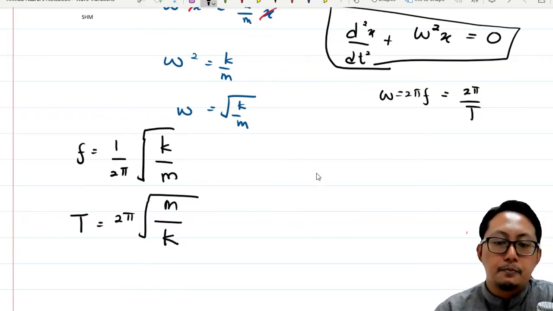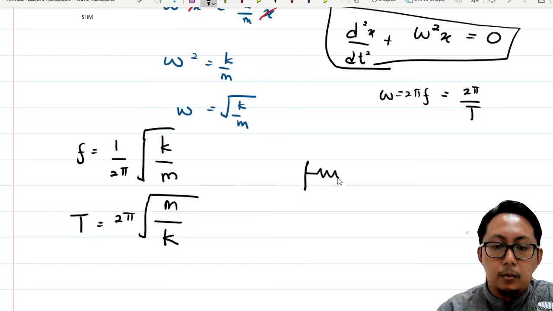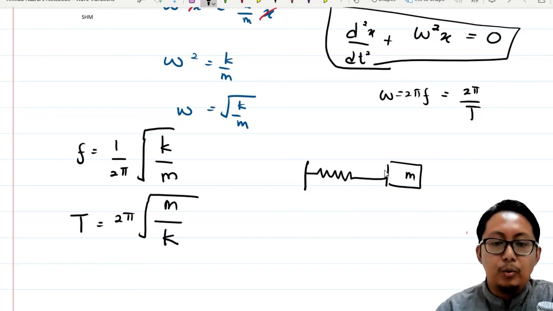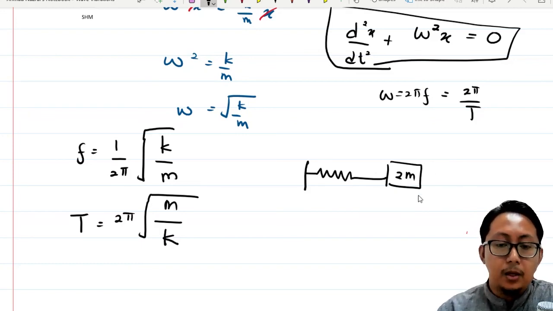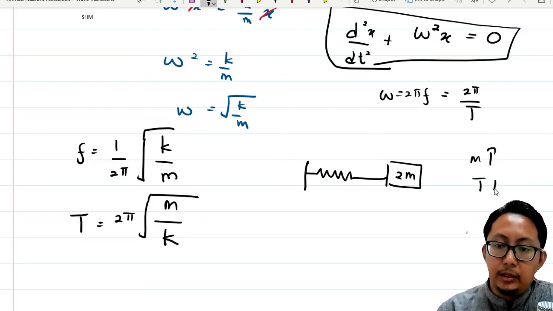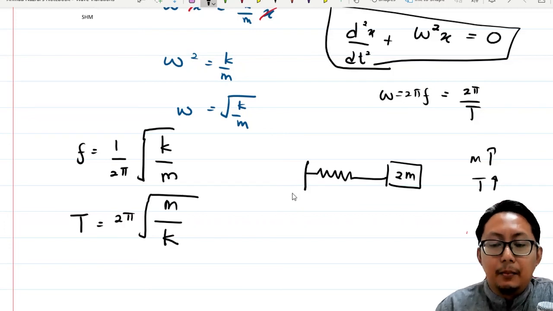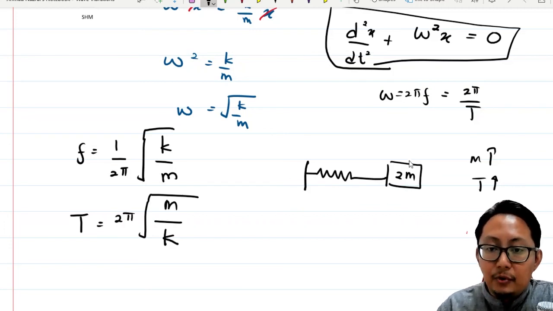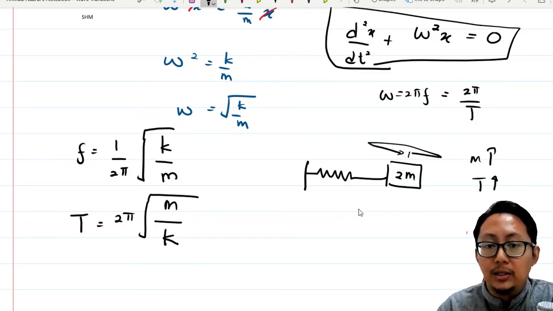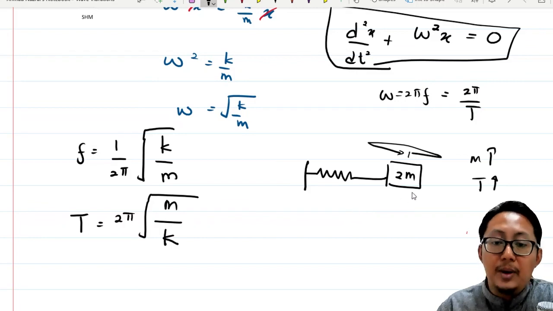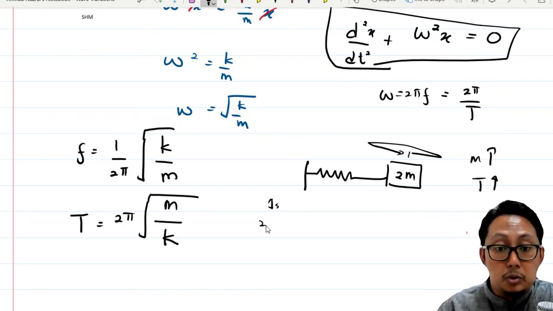So when we have a mass spring system with mass m, and we increase the mass to 2m, the period will increase. Mass increases, the period increases. That means the time or period needed for this spring to complete one cycle increases. Maybe at first it takes 1 second, but the second one maybe takes 2 seconds, the period for the double mass.